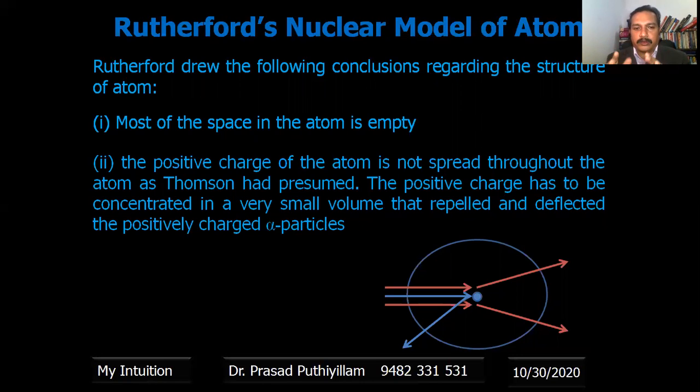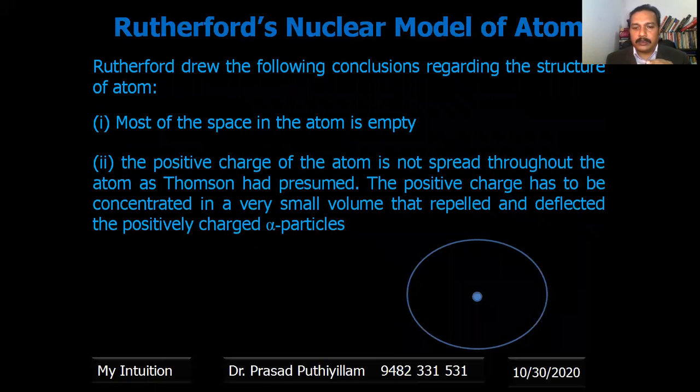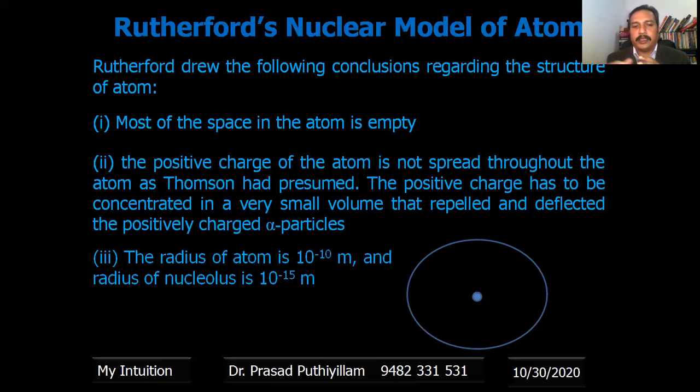The radius of the entire atom, he concluded, is approximately 10 to the power minus 10 meter, and the radius of the central positive charge, the nucleus, is 10 to the power minus 15 meter. To get an idea of the size of the atom and the nucleus, here is a comparison.